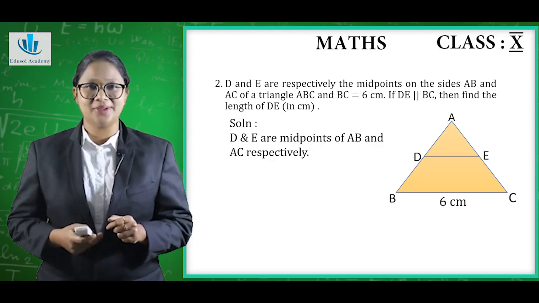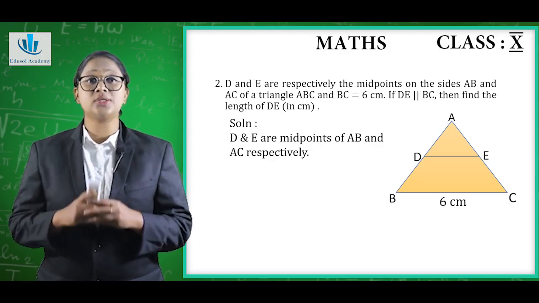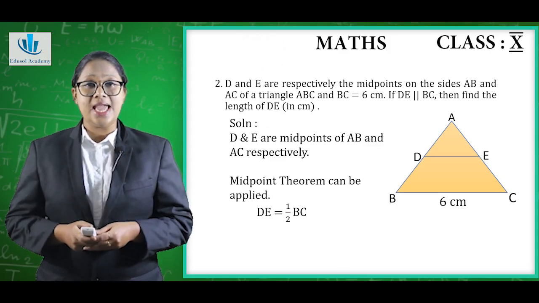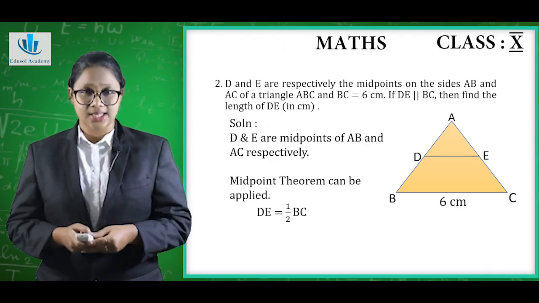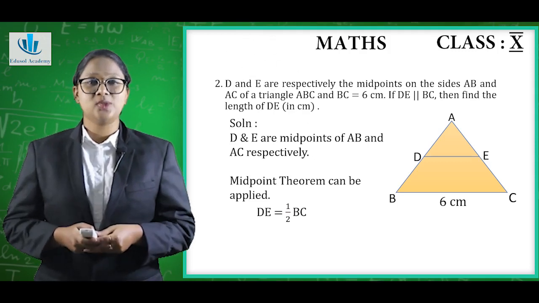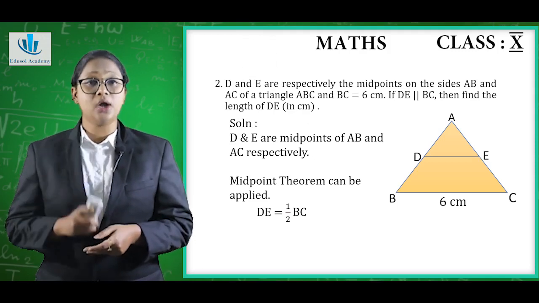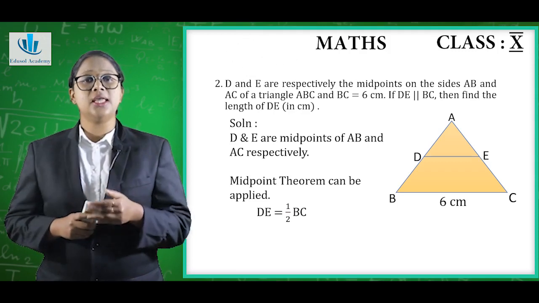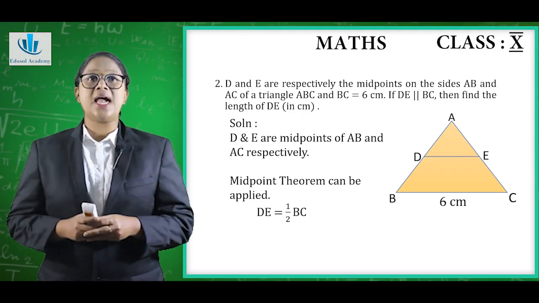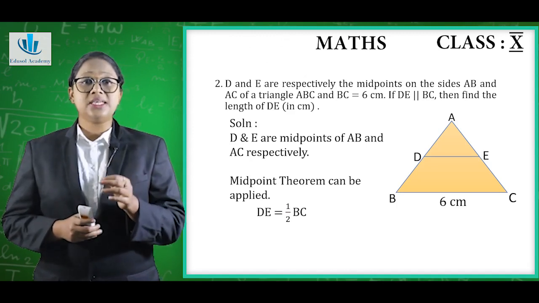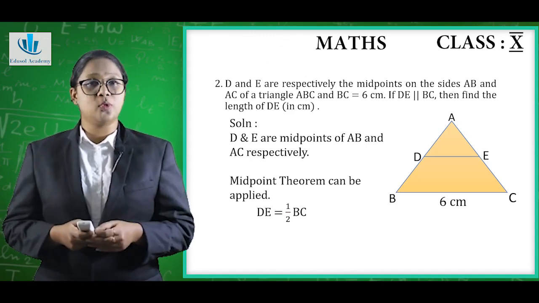That's right, midpoint theorem. So, let's construct a triangle ABC and let's mark 2 points D and E so that D comes in the middle of AB and E in the middle of AC. So, we had marked the midpoints and BC is 6 centimeter, that is also been given.